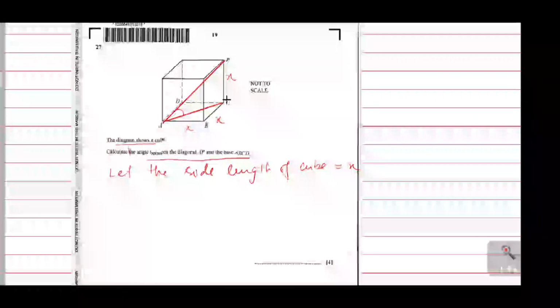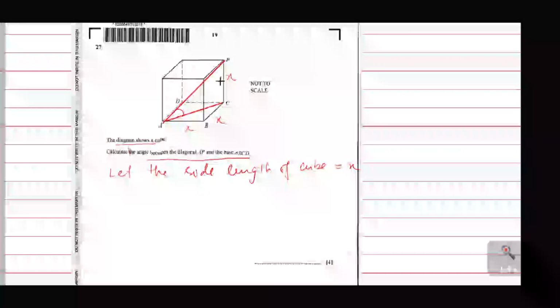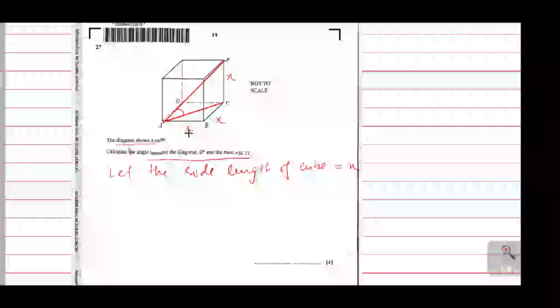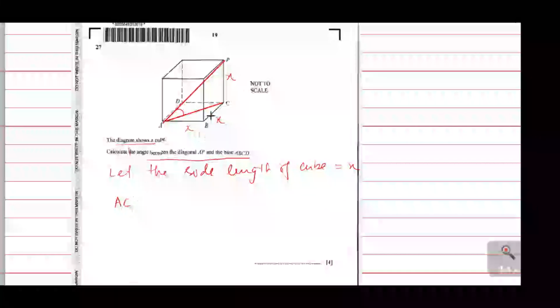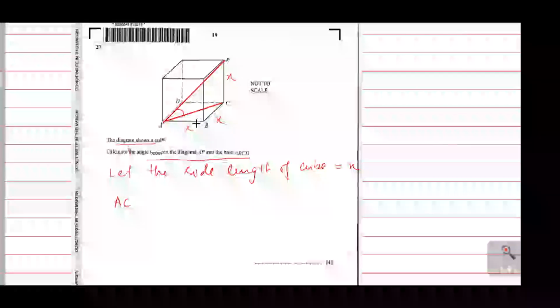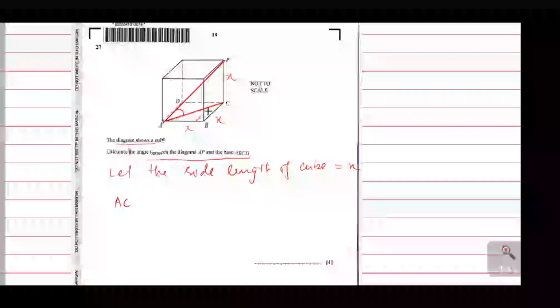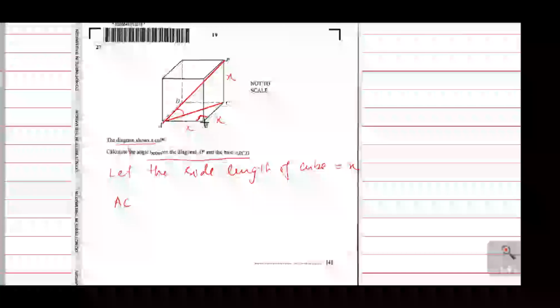Now to calculate the angle between AP and AC, firstly we calculate the length AC. AC is the diagonal of the square face ABCD. This is a square face because this is a cube. Therefore, the angle ABC is 90 degrees.